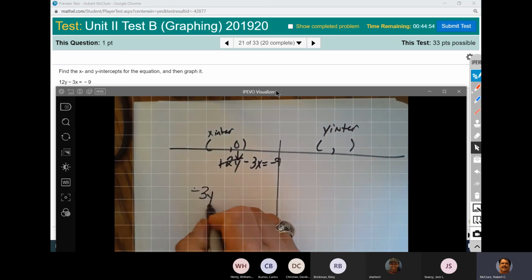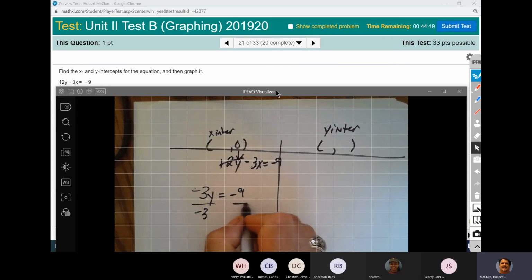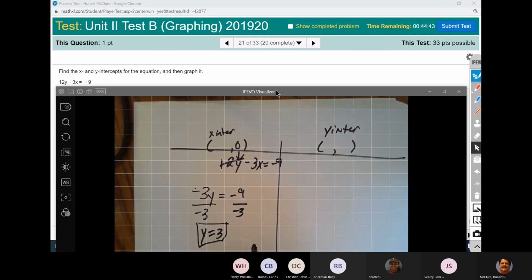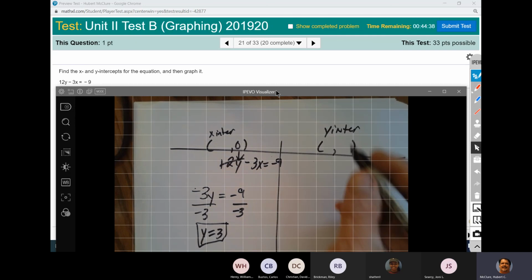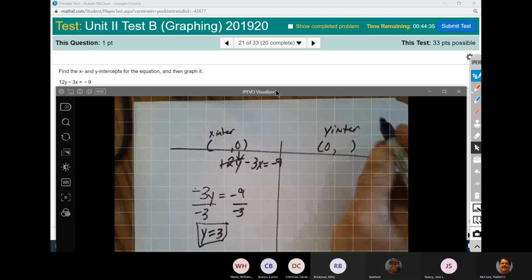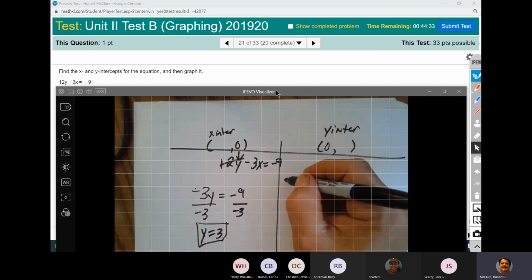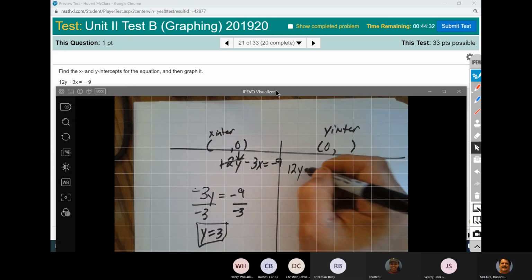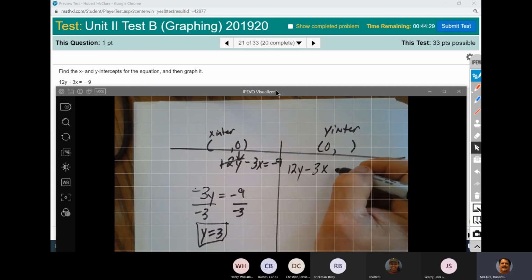Negative 3x is equal to negative 9. 12y minus 3x is equal to negative 9.